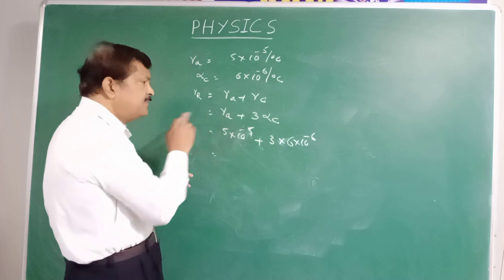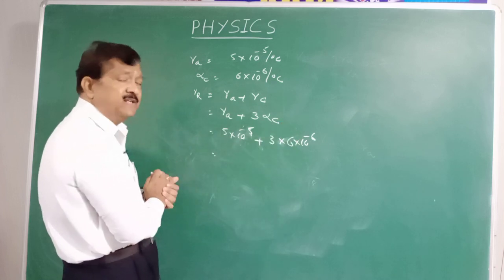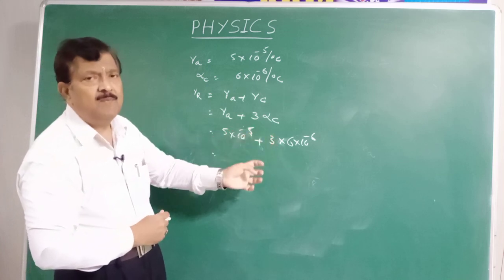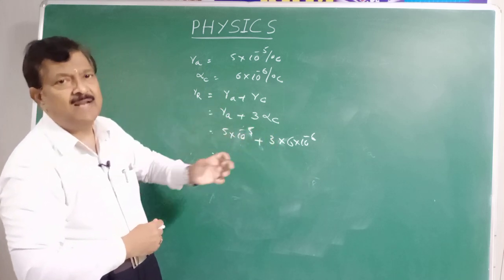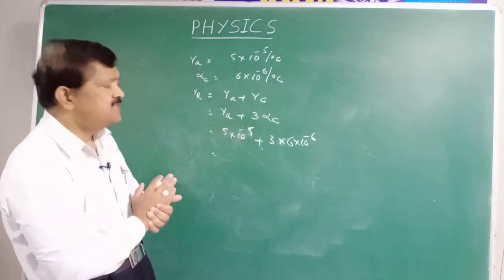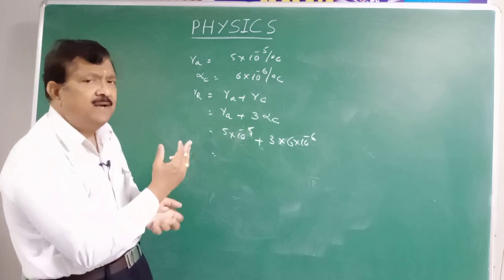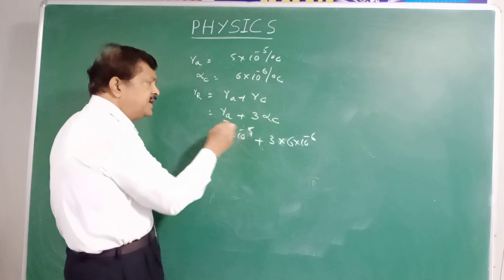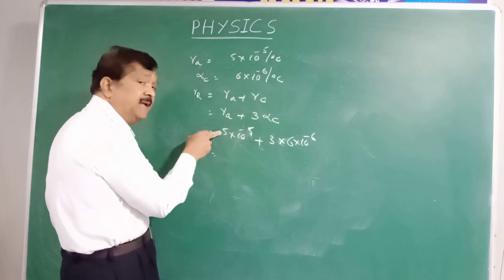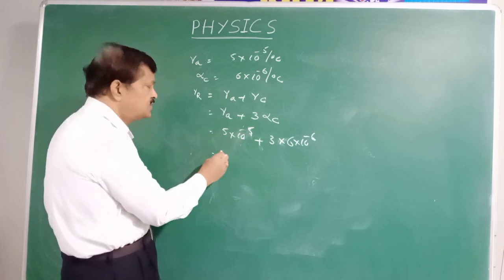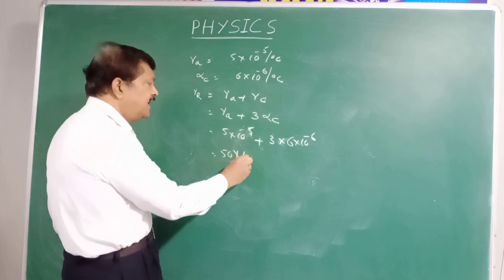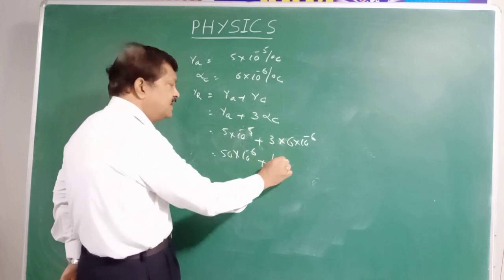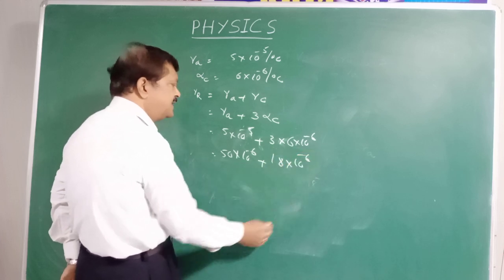Then this is in 10 power minus 5, this is in 10 power minus 6 factor. So generally, if we do not follow carefully, we may commit a mathematical mistake. So in such cases, to make it more convenient to calculate, let us write like this. Because this is 5 in 10 power minus 5, let us multiply this by 10 and divide by 10, so that we can write this as 50 into 10 power minus 6 plus 3 into 6, 18 into 10 power minus 6.